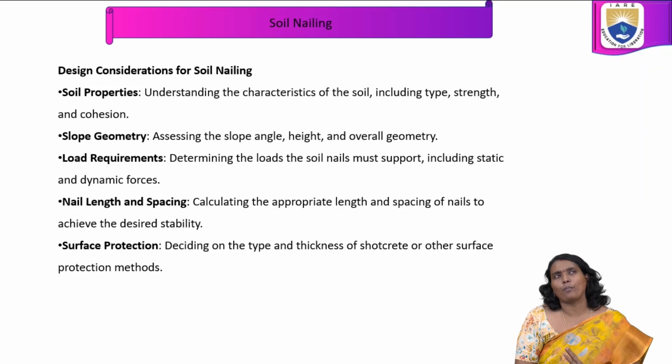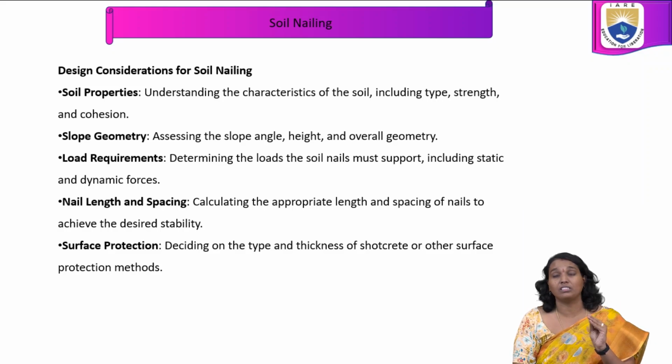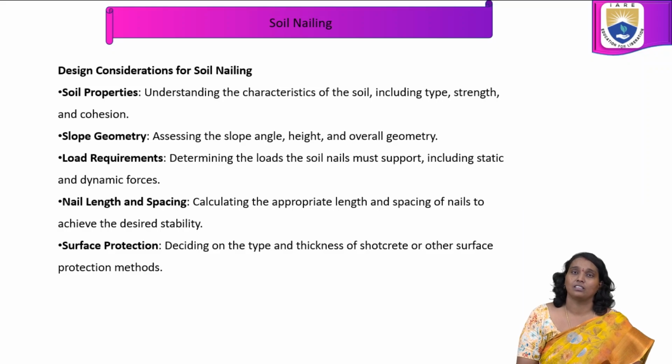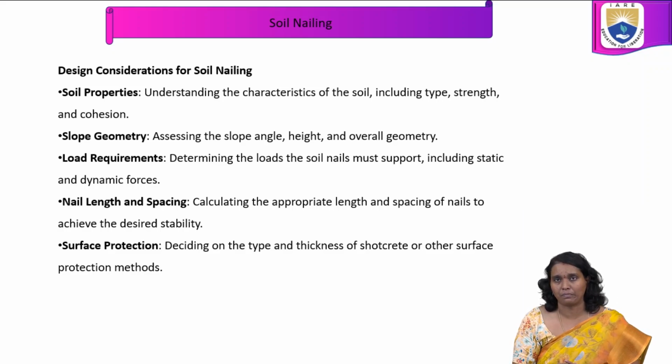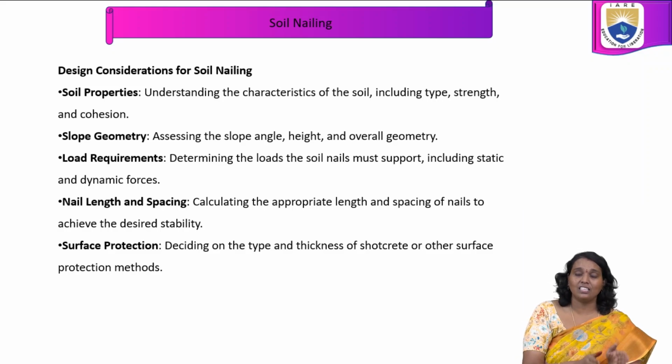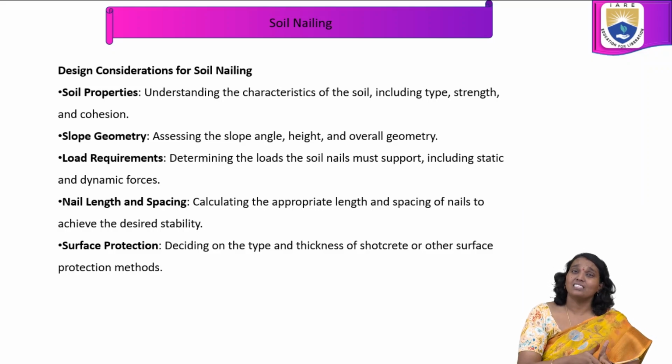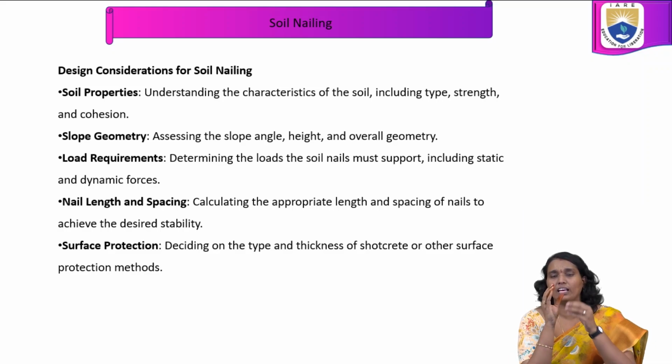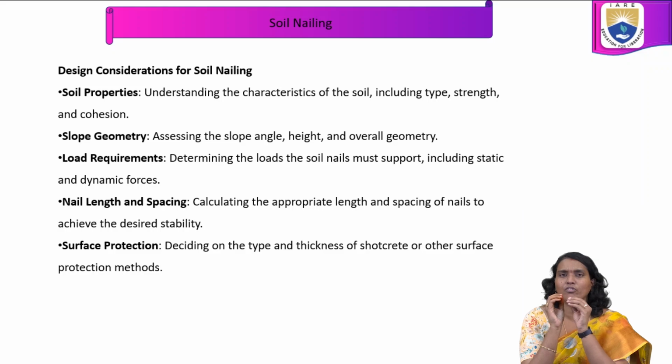Coming to the soil properties, which type of nailing is suitable for which type of soil depends upon the soil conditions. So understanding the soil characteristics, including type, strength and cohesion, is very important, as it depends upon which type of soil we are going to apply this technique on.